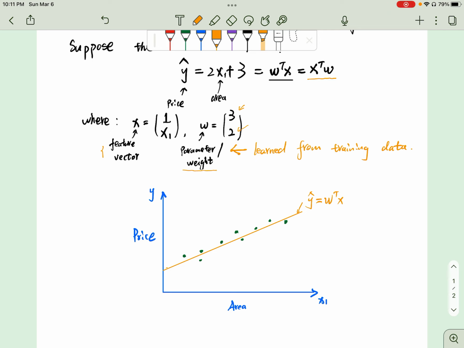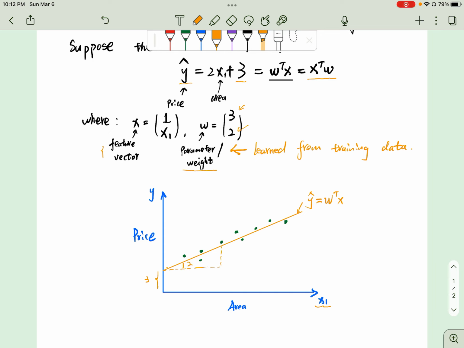Because we only have one feature here, in this model we have an intercept of 3, and also the slope, maybe it's 2.